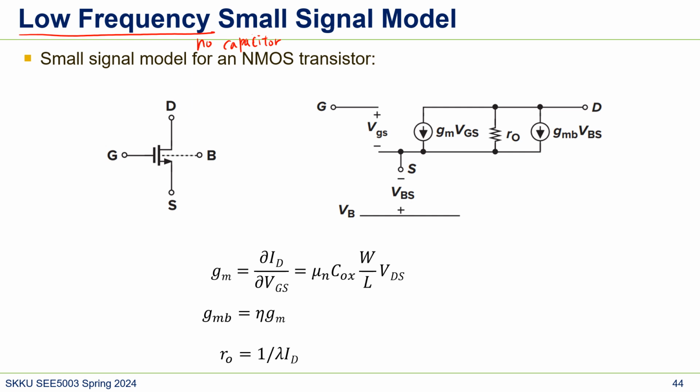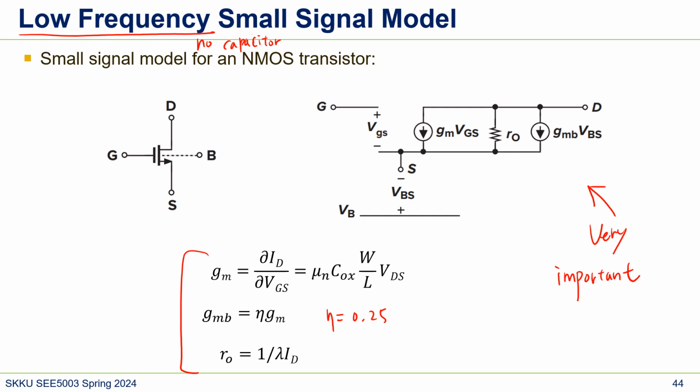I think this is very important, and this model is also very important. We will use it a lot of times. And the other thing is that eta would be, let's say, just 0.25, something like that.